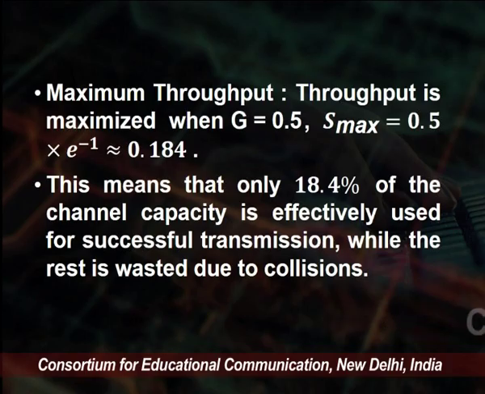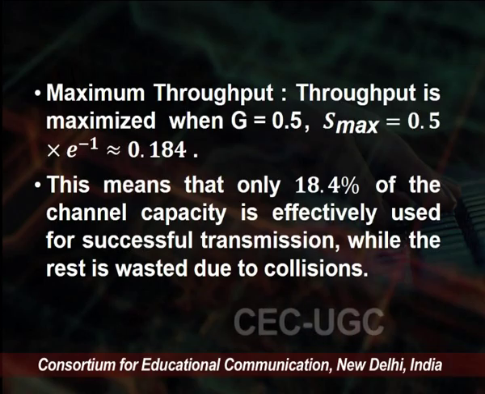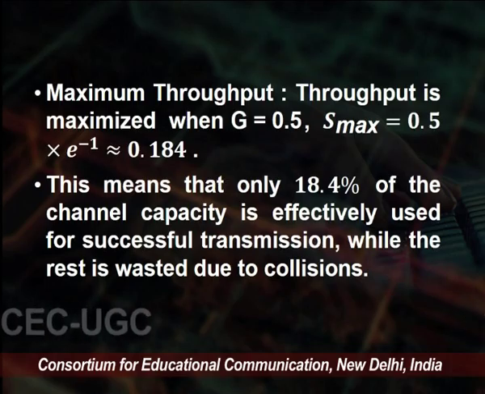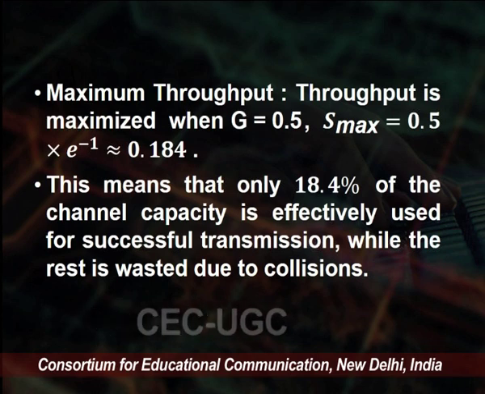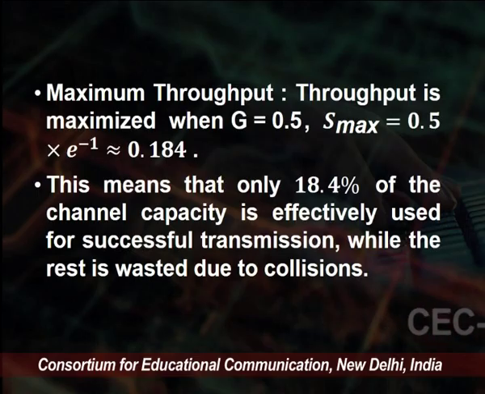This essentially means that only 18.4% of the channel capacity is effectively used for successful transmission, while the rest is wasted due to collisions, because this is the only time in which your packets can be saved from collision.